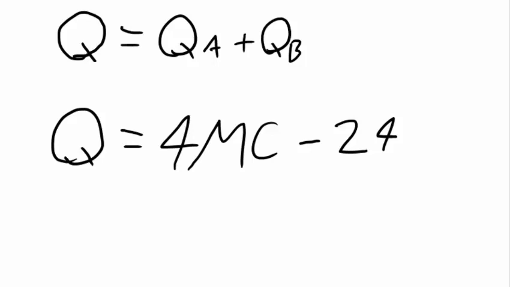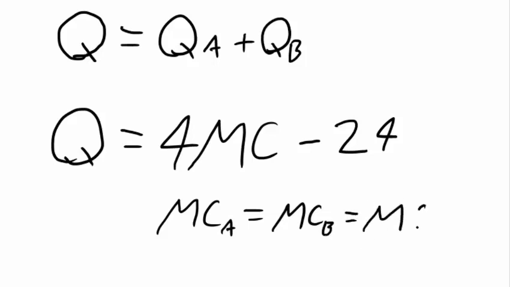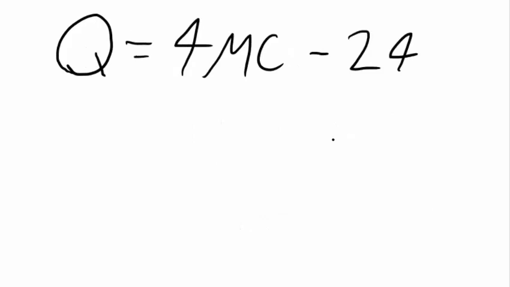And we are able to add the two marginal costs together because at the profit maximizing point, marginal cost of A equals marginal cost of B equals the total marginal cost. So all our marginal costs are technically identical. And so we have our quantity function, and we want to solve for marginal cost now.